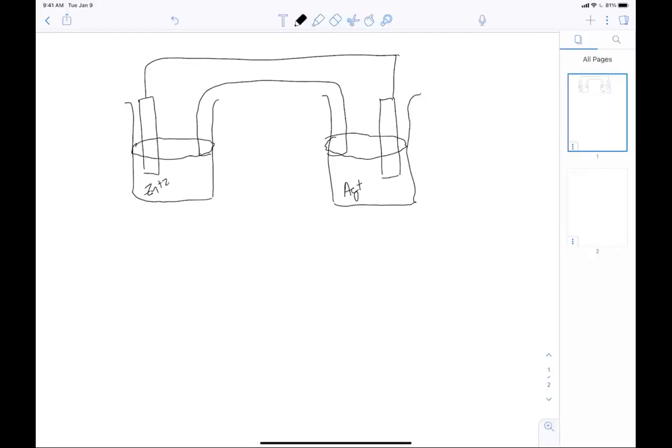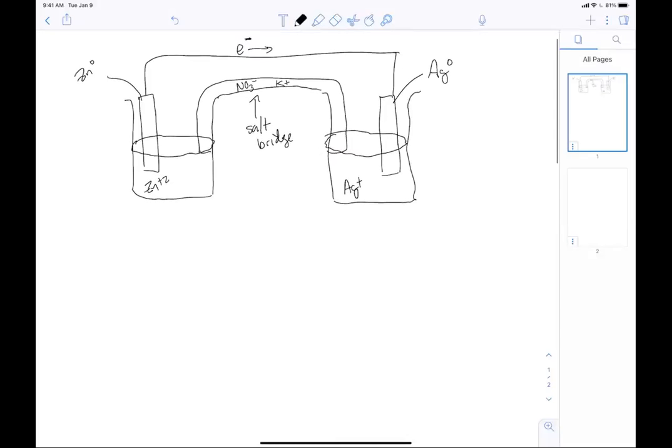This electrode is made of solid silver metal, and this electrode over here is made from solid zinc. The wire at the top lets electrons flow along it. And this thing in the middle is the salt bridge. I'll explain what that does in a bit. It doesn't really participate in the chemical reaction. It's just there to keep charge balance.